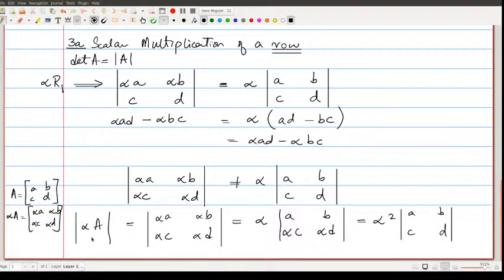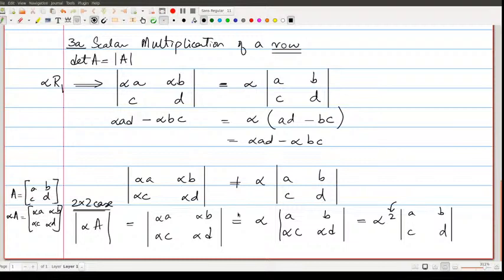So the determinant of alpha A is equal to alpha squared times the determinant of A for a 2 by 2 case. I specify that this is a 2 by 2 case because there were 2 rows, which is why there was this alpha squared here. If we had 3 rows, then it would have been alpha cubed, because then you would have taken out alpha from 3 rows, right? You have factored out 3 alphas.